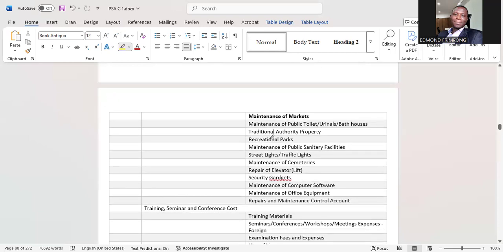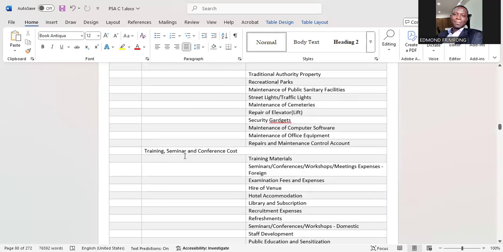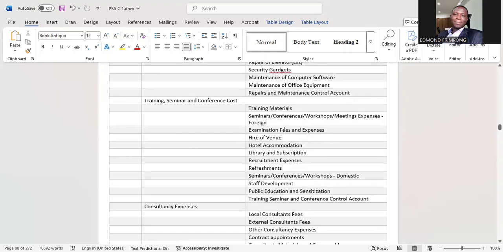Maintenance of markets, yes, you have them all listed. A lot of them. Training and seminars and conference costs: training materials, seminars, conference, workshops, examination fees, expenses, hire of venue, hotel accommodation, library subscription, recruitment, refreshment, staff development.